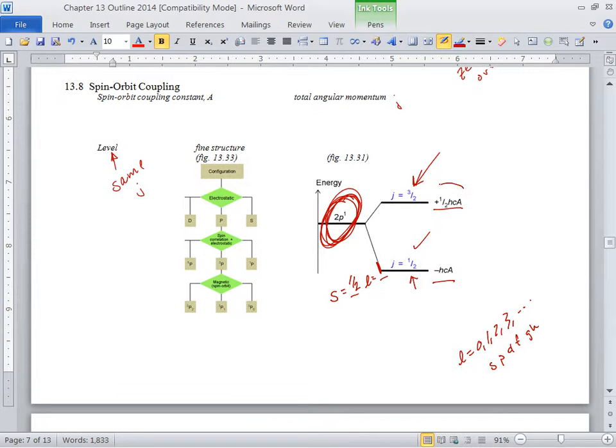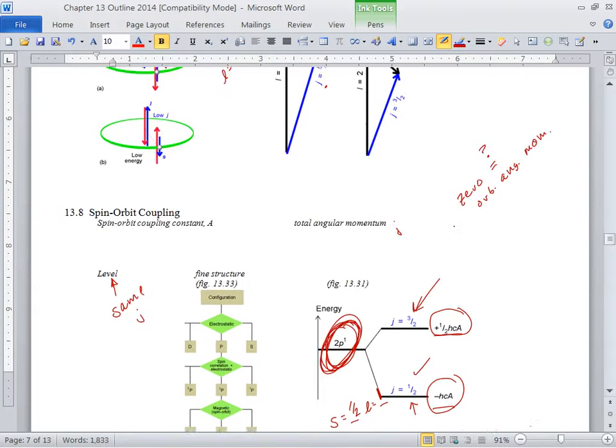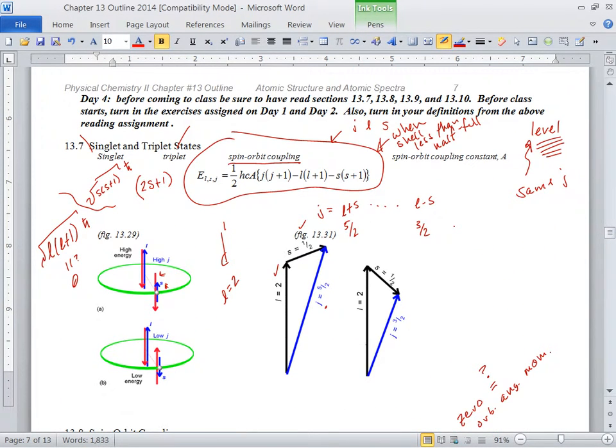Now where are they getting the actual joules? Right here.